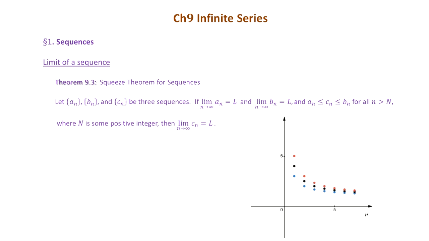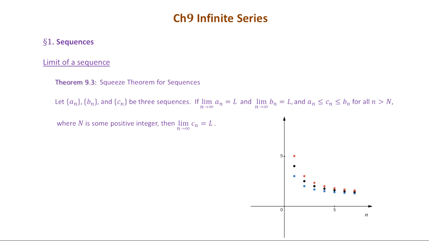Then the black points are sandwiched between the red points and the blue points. These are terms of c_n. You can see, because both a_n and b_n have the same limit L, they approach the same number on the right. So they squeeze c_n to approach the same limit.